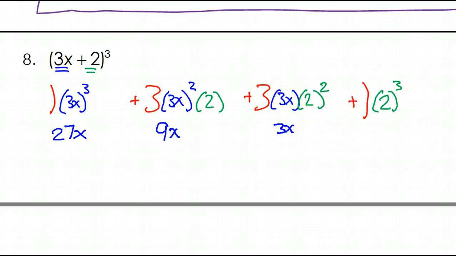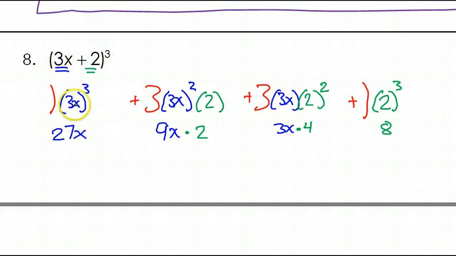Now I'm going to simplify all the green stuff. Okay, 2 to the third power is 8. So I've got that. 2 squared is 4. So I've got that. And then I've just got the 2 right there. Okay, and there's no more green. And so all that's left is the coefficient.